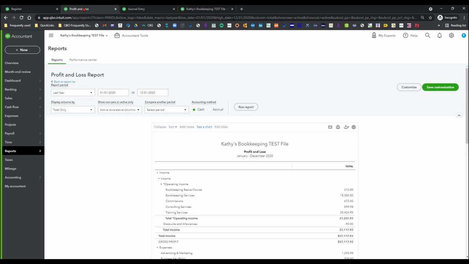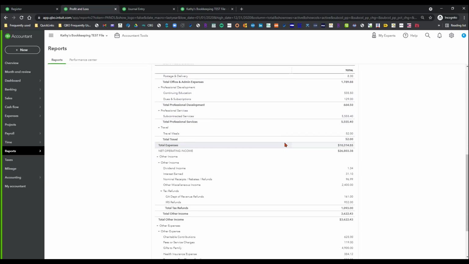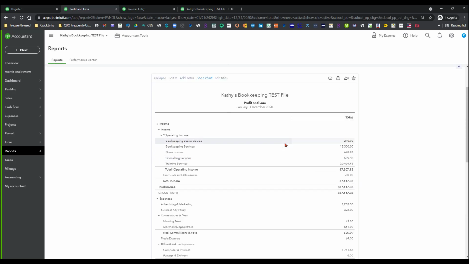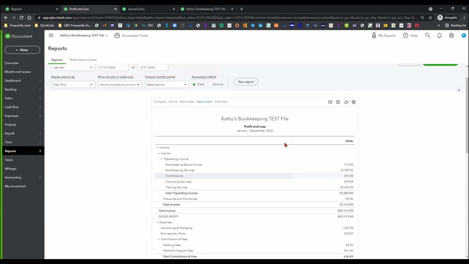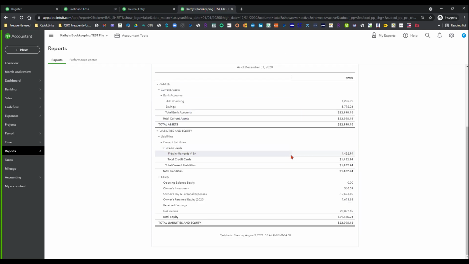So first of all, the profit and loss, as you can see here, I entered everything to match up with what's on the balance sheet that I used. I did have to make some adjustments behind the scenes, which I'll show you in just a little bit. Here's the balance sheet, and basically the only two pieces of information that I pulled off of the balance sheet was this owner's investment amount and the owner's paying personal expenses, which I'll show you.